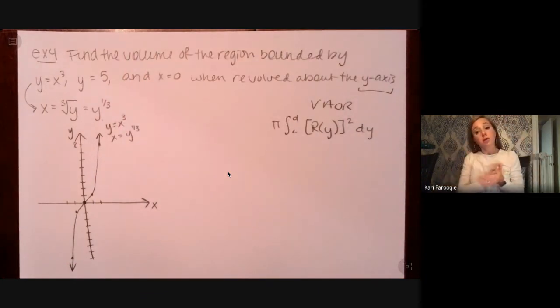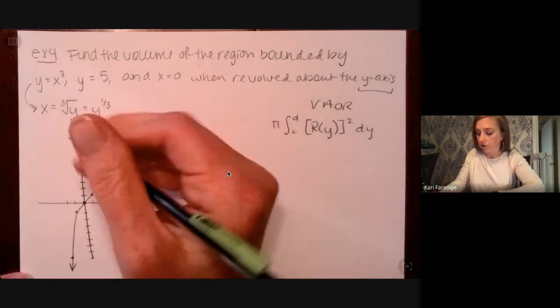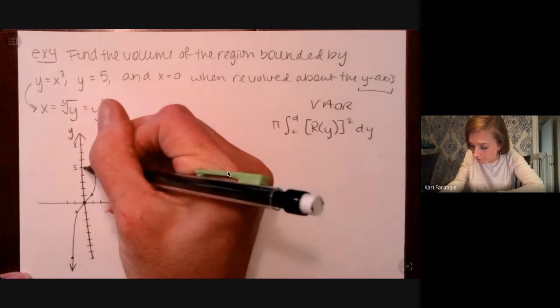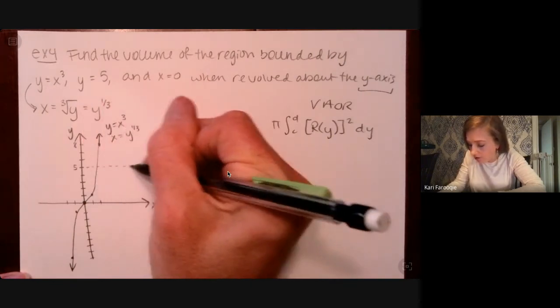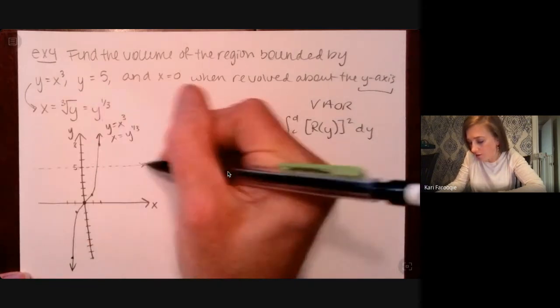All right, we're also looking at y equals 5. It's also really important. I know it sounds really basic, and I'm not trying to talk down to you. We have to remember that y equals is a horizontal line. x equals is a vertical line. So when you have y equals 5, that's a horizontal line that goes through 5. 1, 2, 3, 4, 5. Technically it's on here.